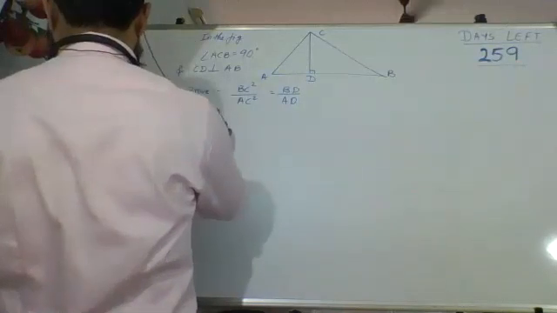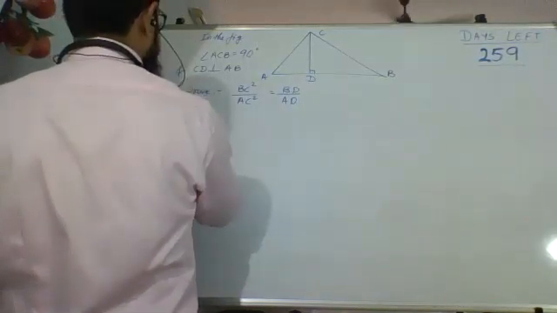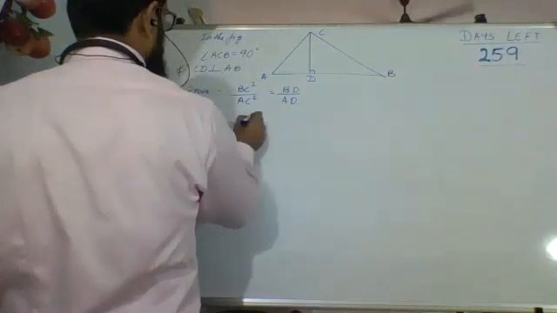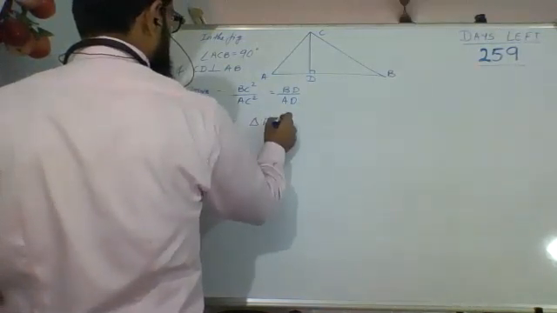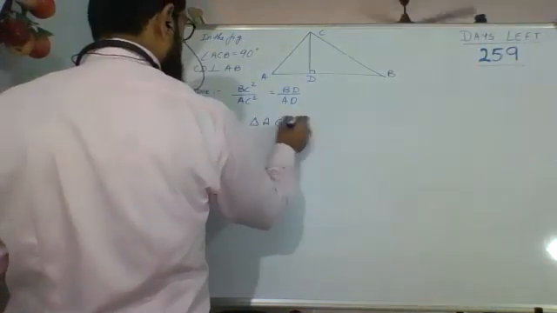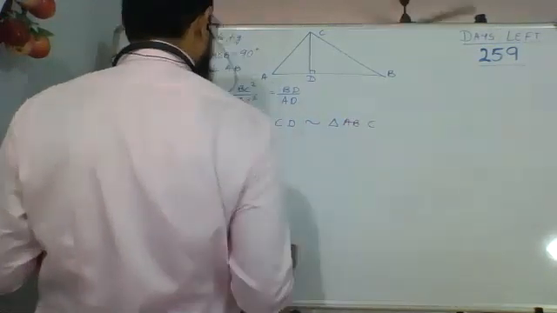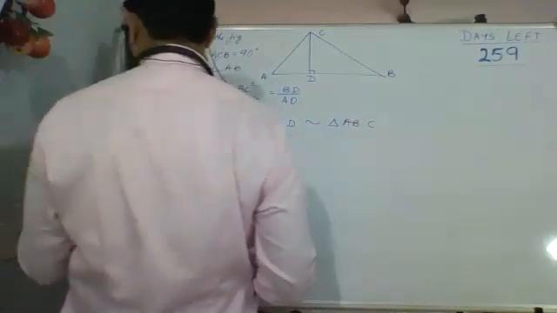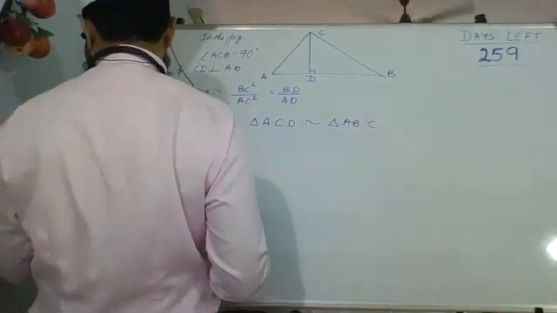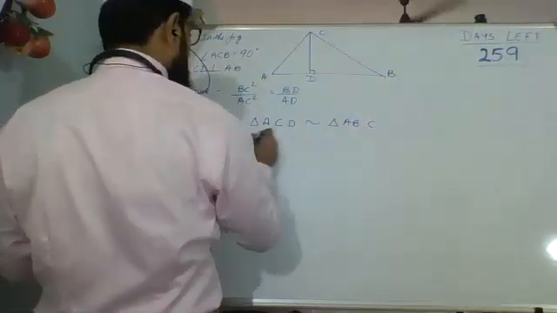So now let's look at the triangles. We already know triangle ACD is similar to triangle ABC. Similarity in right angle triangles we have already done.